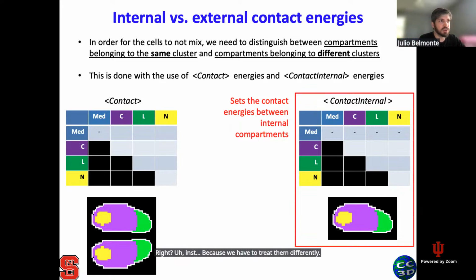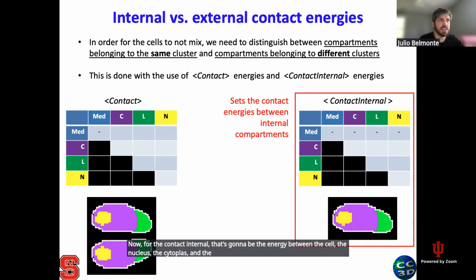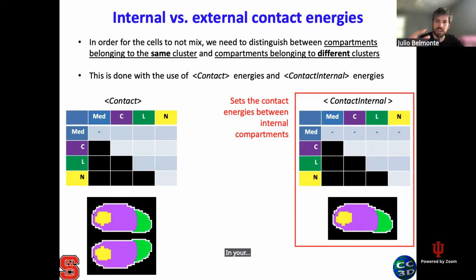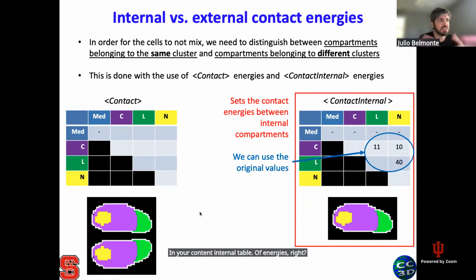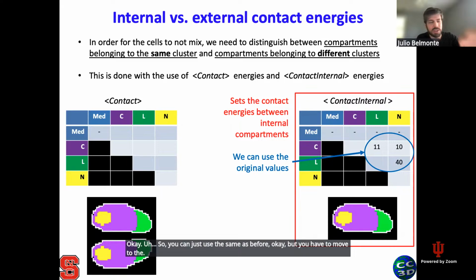Now, the contact internal is going to be the energy between the cell, the nucleus, the cytoplasm, and the lamellipodium, right? And in your contact internal table of energies, right? We can just use the original values of the original code, right? So they have it at 11, 10, and 40, okay? We can just use those, okay? So we can just use the same as before, okay? But you have to move to the contact internal plugin.